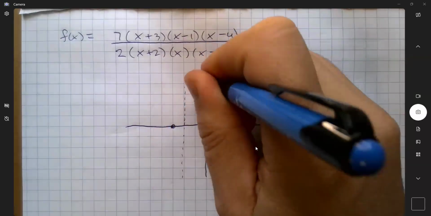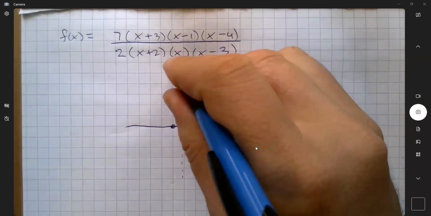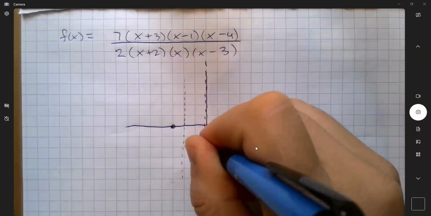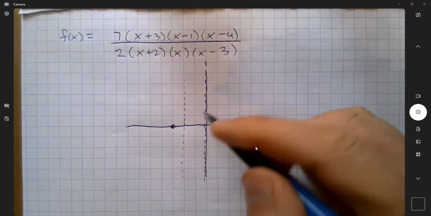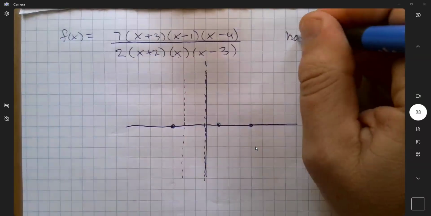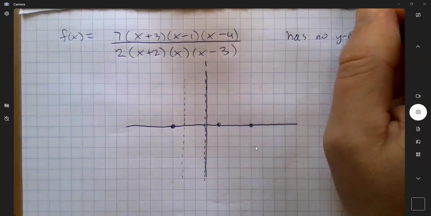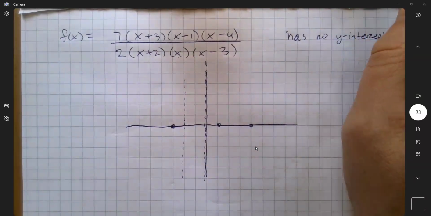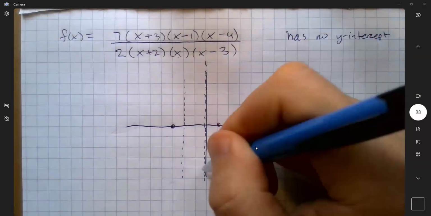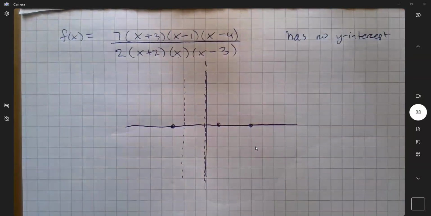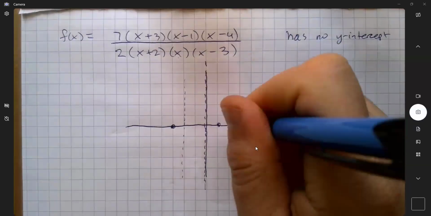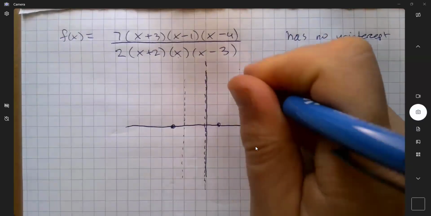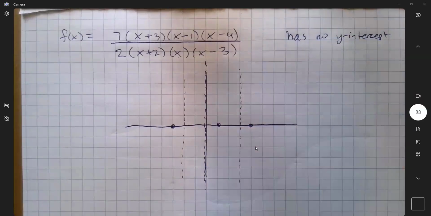X equals 0, because that x right there means if x is 0, the whole thing's 0. By the way, this is going to mean my function has no y-intercept because it can never touch the y-axis because there's a vertical asymptote there. And I'll have a vertical asymptote also at +3, like so. Okay.